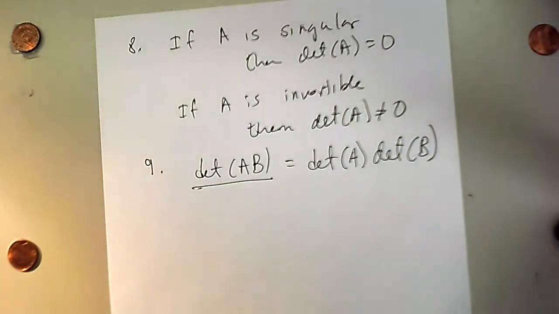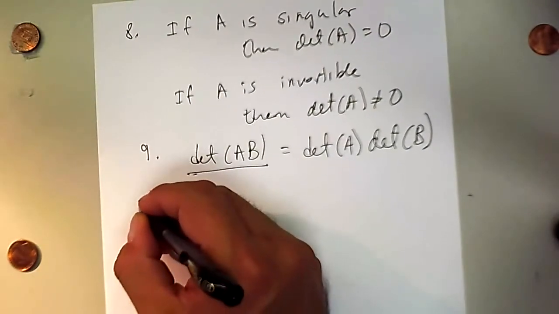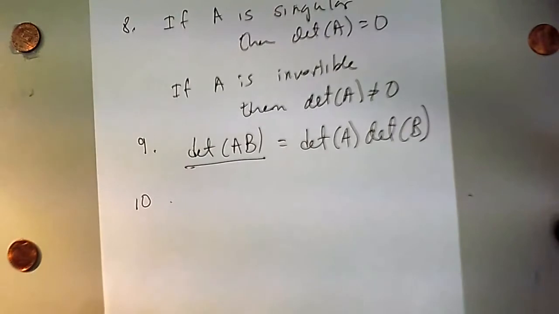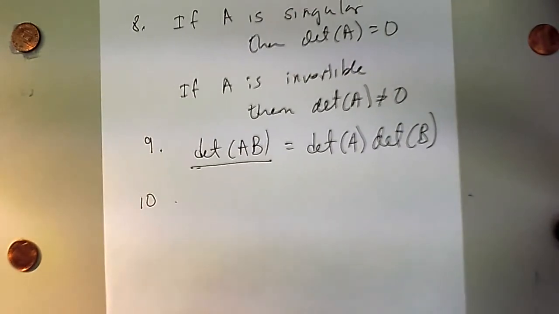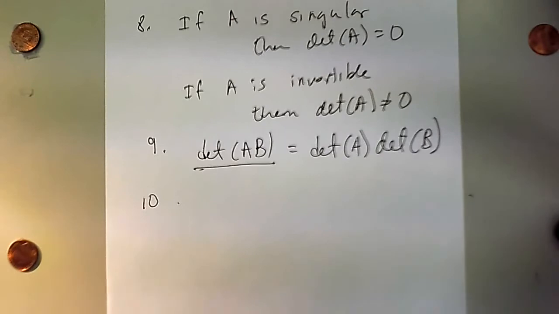There's one more determinant rule or property that we need to establish. 10. If you have an upper triangular or lower triangular matrix, all you have to do to find the determinant is multiply the elements in the main diagonal.